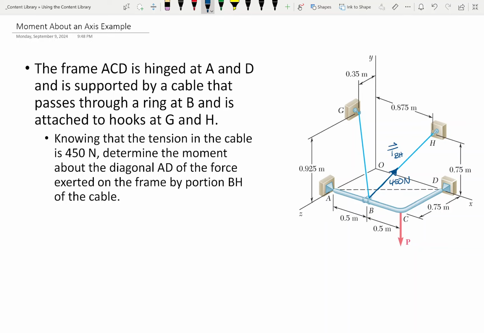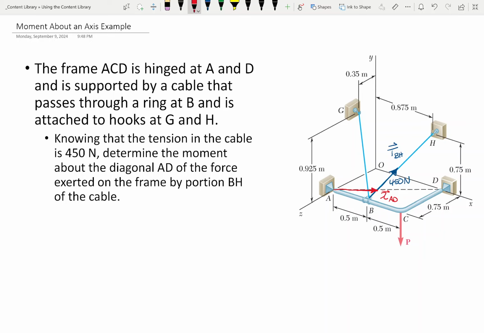So what we're going to need to do is figure out this lambda vector in that direction. I'm going to call that lambda vector AD. Don't worry, we're going to take this one step at a time.